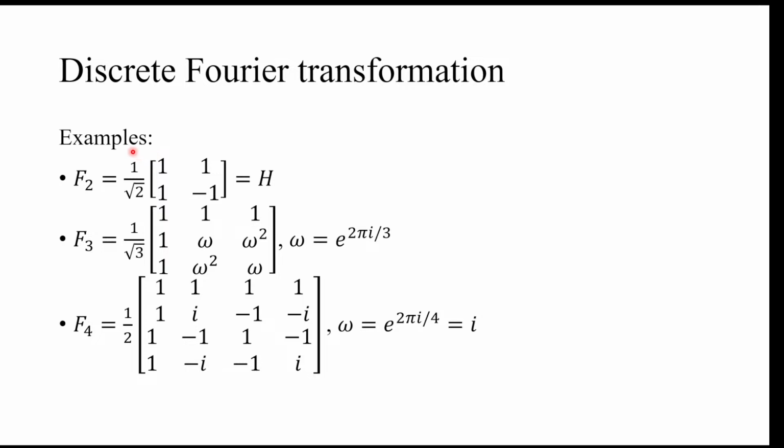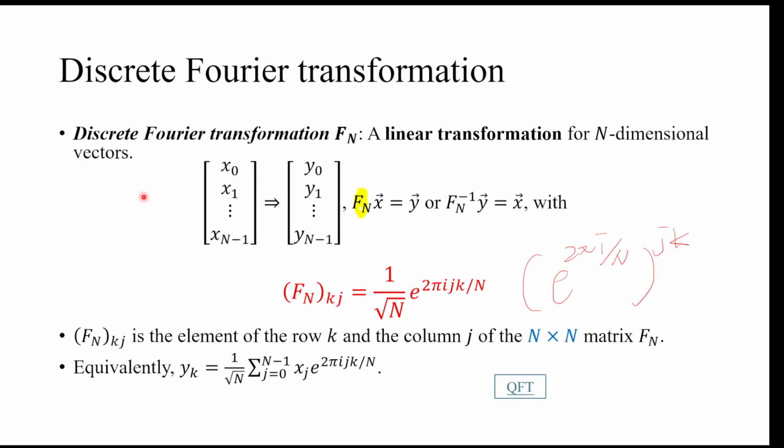We actually want to go from 0 to n minus 1. So this Fn kj is the element of row k plus 1 and column j plus 1 of your n by n matrix, because you want to count from 0, as we see here. So we have x0 to xn minus 1 and y0 to yn minus 1.